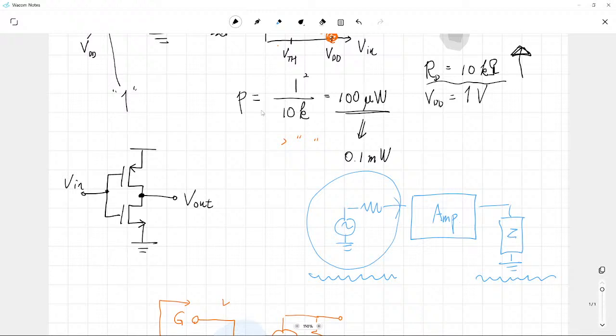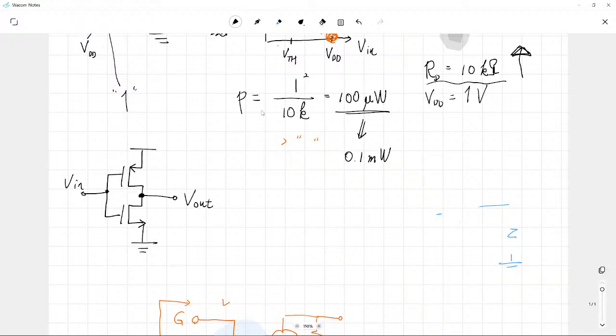So now we have tested our NMOS inverter in 3 different ways. Do you remember? The first one was that we considered the voltage transfer curve. Simply speaking, when we apply VDD, our output should be 0.